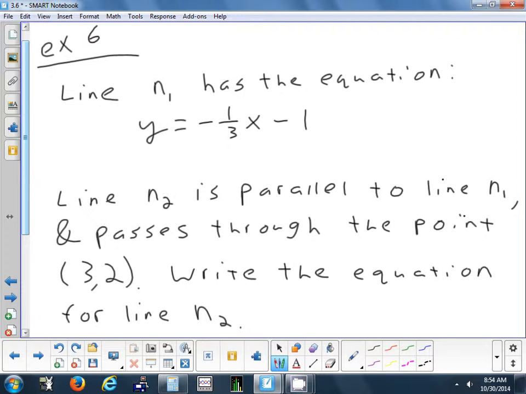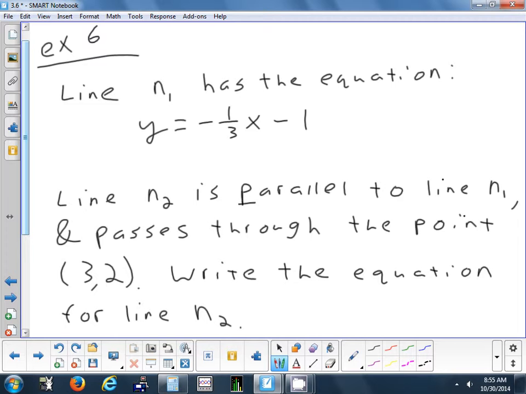Does N1 go through the point 3? No, N2. N2 is parallel to N1, and N2 passes through the point 3, 2. Denver? Same slope. All right, so what's going to be the slope of line N2? -1/3. Okay, so the slope of line N2 is -1/3.